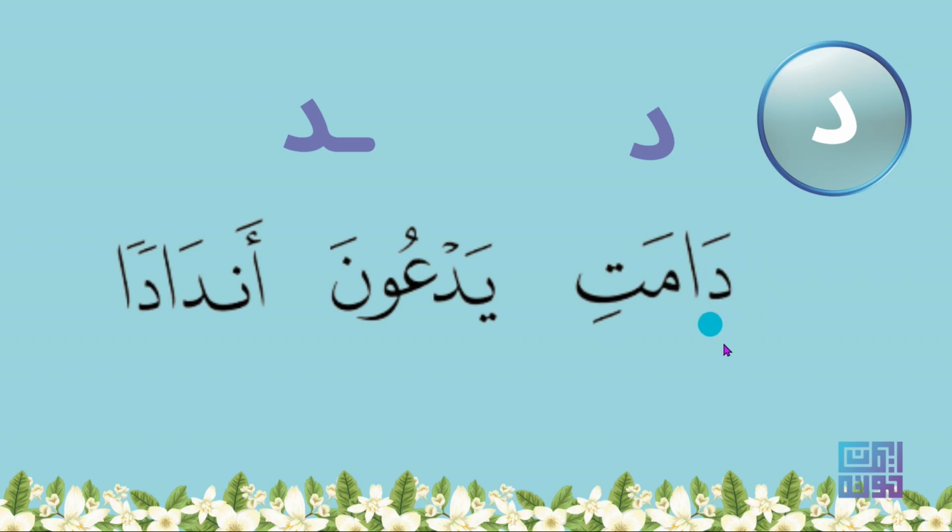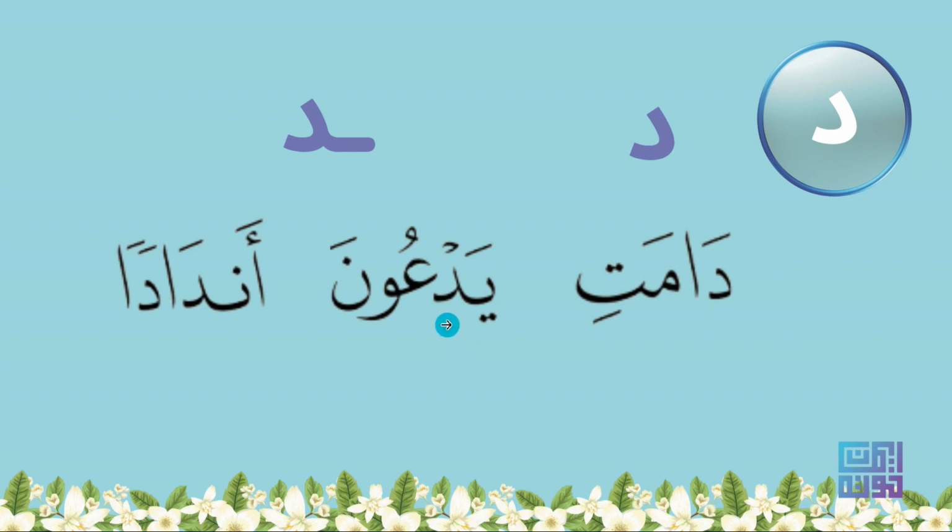So this is how it looks when we start our word with the letter dal, okay? And of course, if we start a word with a dal, then the next letter will not be connected to it, because the dal doesn't allow any connection with the letter that comes after it. What about if the dal is in the middle?